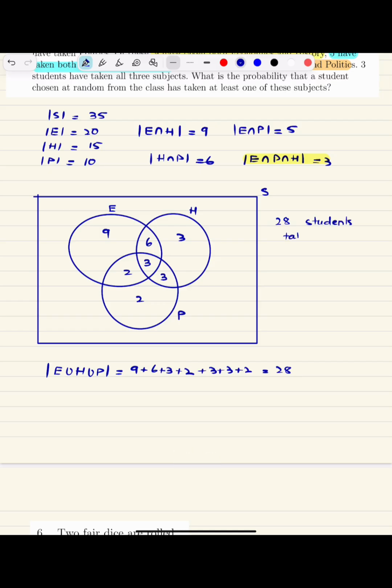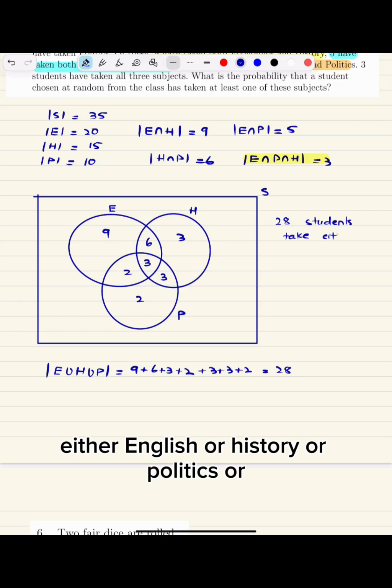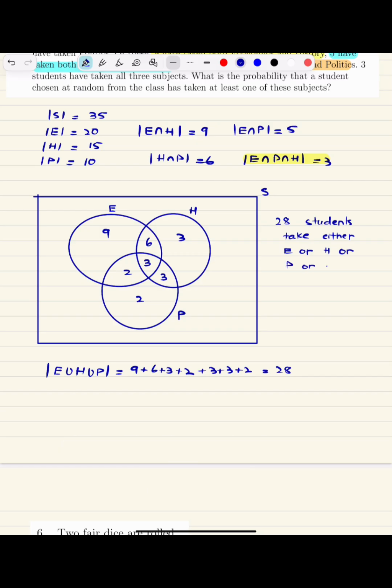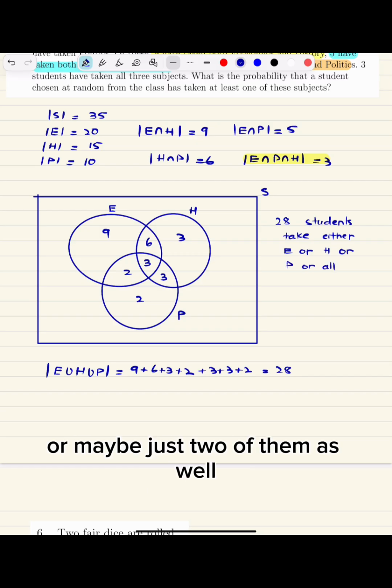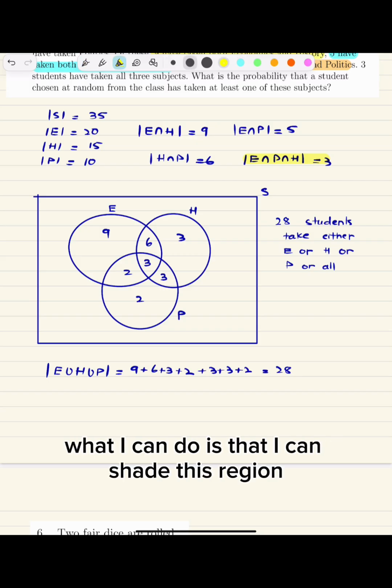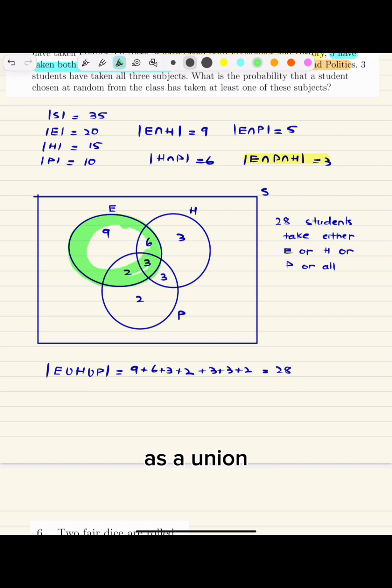take either economics or history or politics, or all, or maybe just two of them as well. What I can do is shade this region as the union.